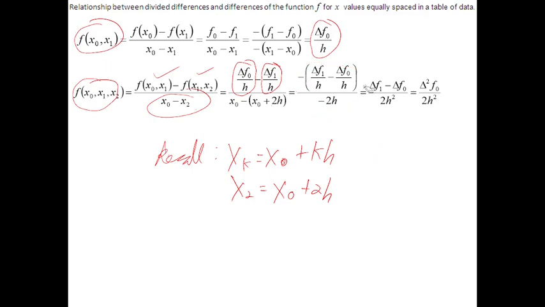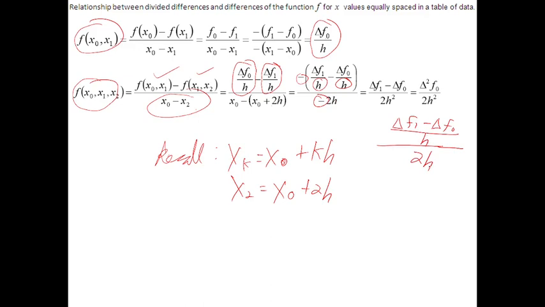Step by step: negative, negative, positive, so they cancel, and this is what's left. Delta f1 minus delta f0 over h, common h, over 2h.